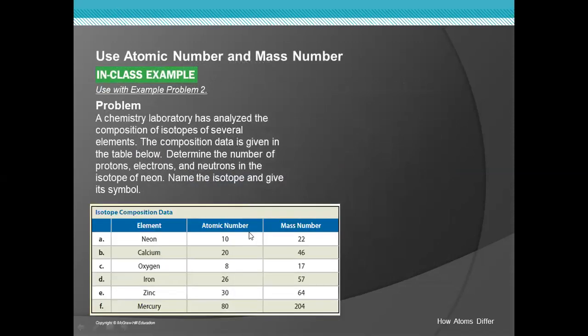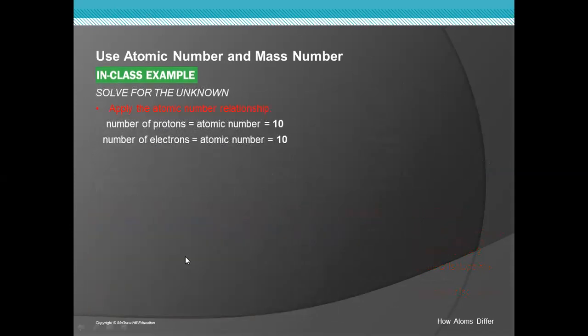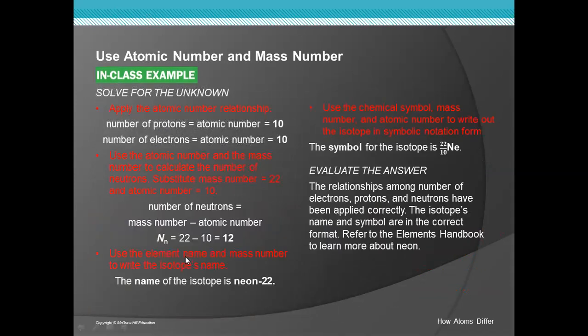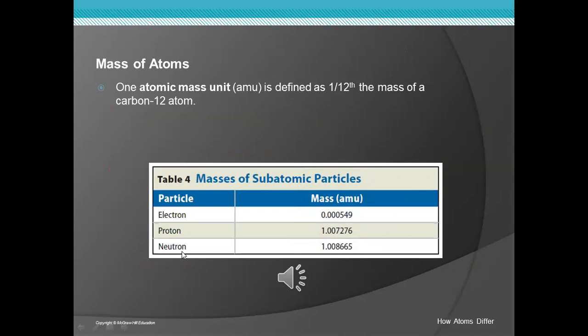This is a problem about this element, its atomic number and its mass number. These are the names of isotopes: neon, calcium, oxygen, iron, zinc, and mercury. This is the mass of atoms.